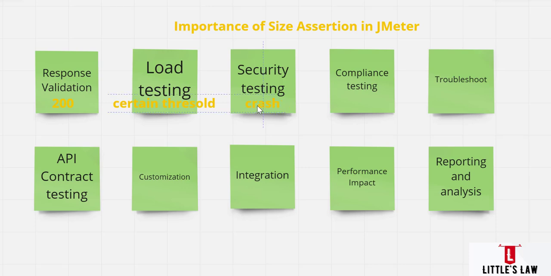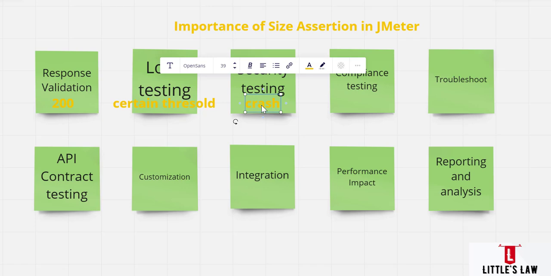In those scenarios, by using a size assertion, we can verify our application can handle a request of a certain size and that it is not vulnerable to these types of attacks. So to safeguard our application from security attacks, we use size assertions.